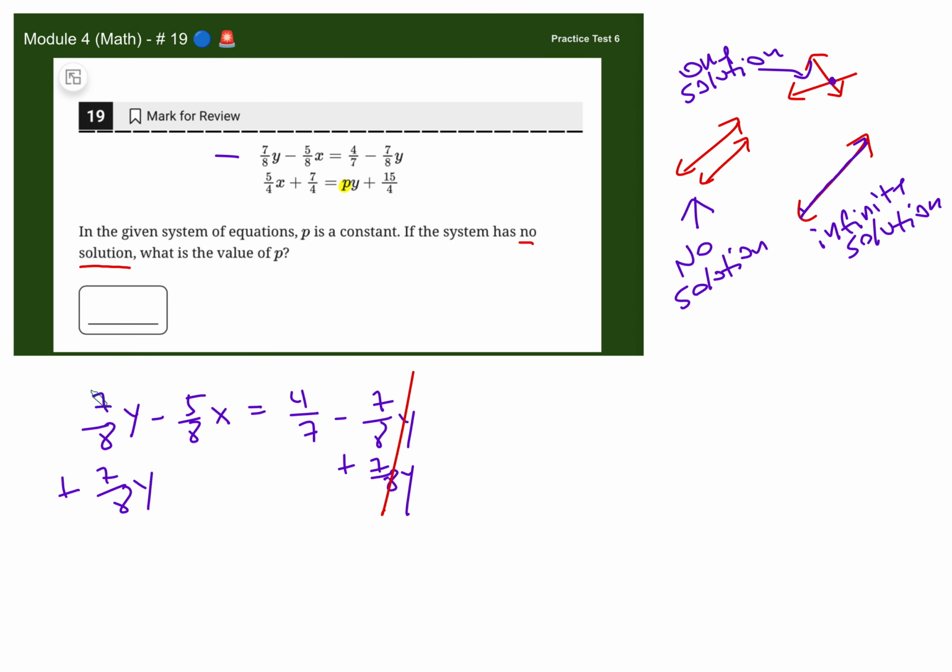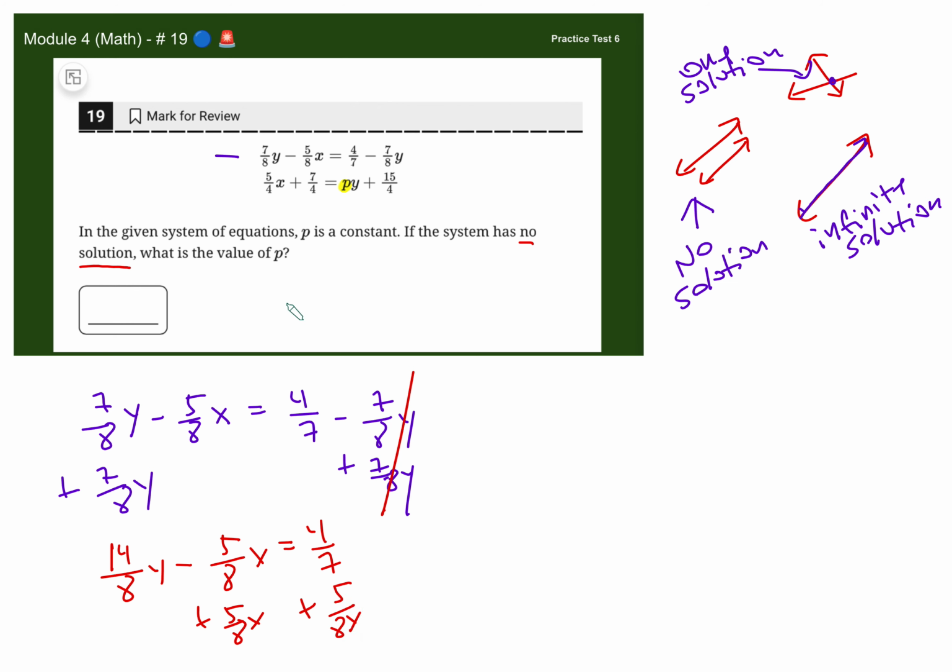Add these together, you're going to get 14 over 8y minus 5 over 8x equals 4 over 7. Add 5 over 8x to both sides.